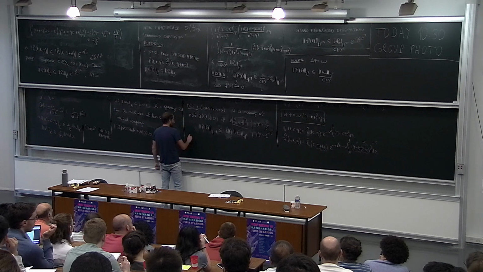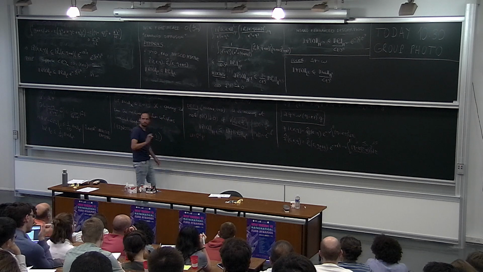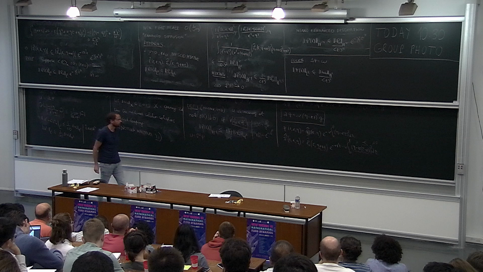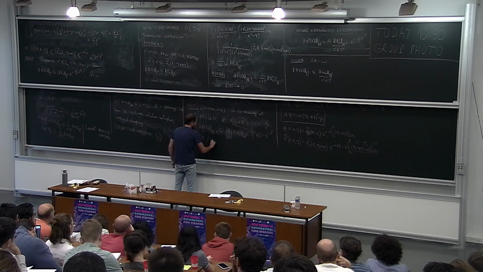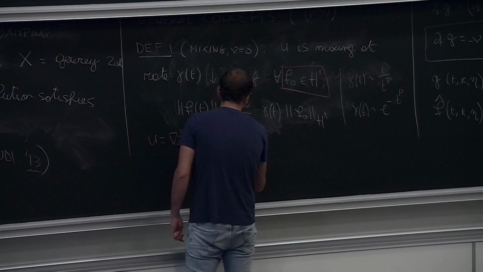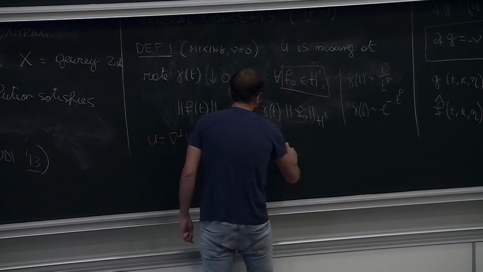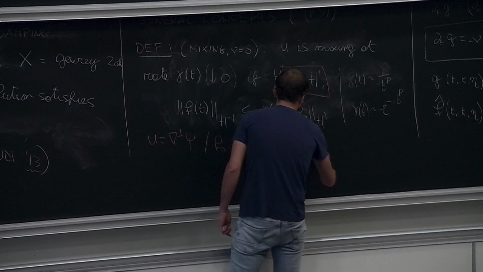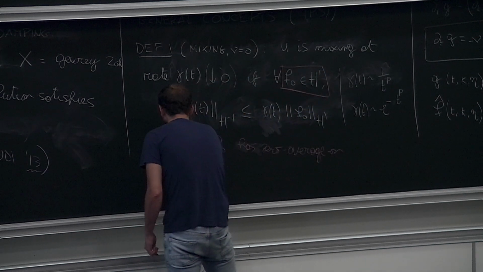So let me just remark this. Say U is the gradient perp of a psi, so it's a Hamiltonian type thing, then f0 has 0 average on streamlines.